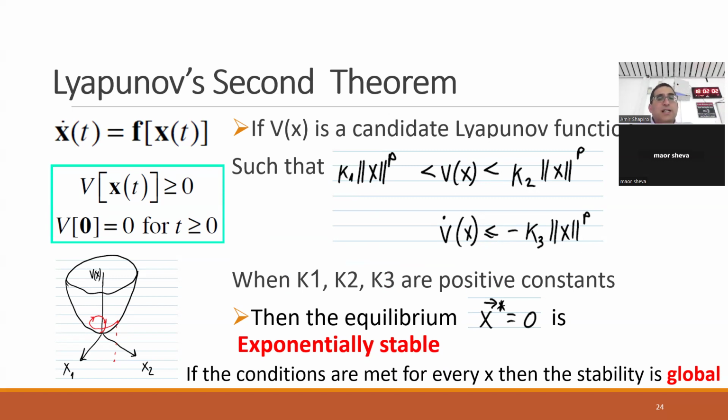So if v of x is a candidate Lyapunov function that meets the requirement of a Lyapunov function, and v of x is greater than k1 times the norm of x to the power of p, and smaller than k2 times the norm of x to the power of p, and v dot of x is smaller than minus k3 times the norm of x to the power of p, where k1, k2, and k3 are positive constants, then the equilibrium x star equals 0 is exponentially stable.